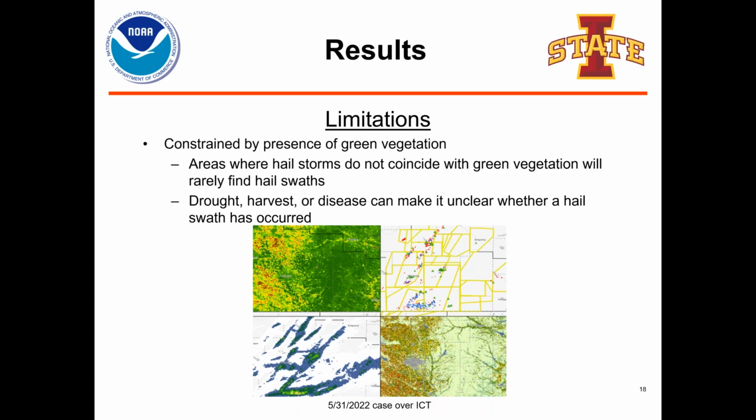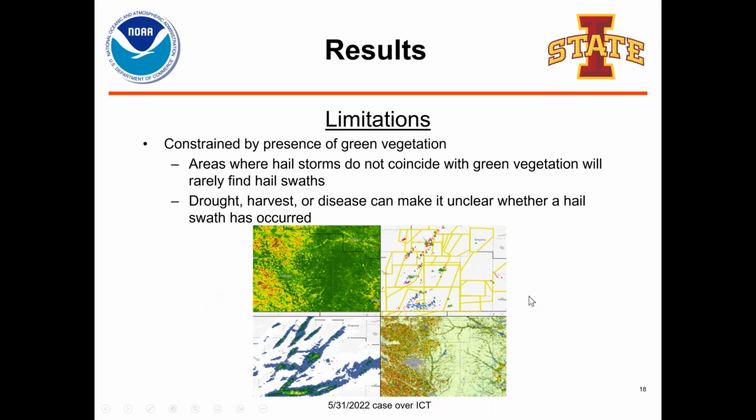When that overlaps with those MESH swaths, it can get identified as a hail swath by the program. And it did. In this top right image, you have all of these little dots showing up that seem like they might be a hail swath, but if you look at the NDVI change image, there's really no semblance of a hail swath actually there, and probably no major damage occurred with this event.